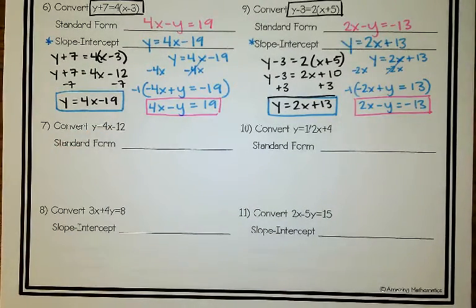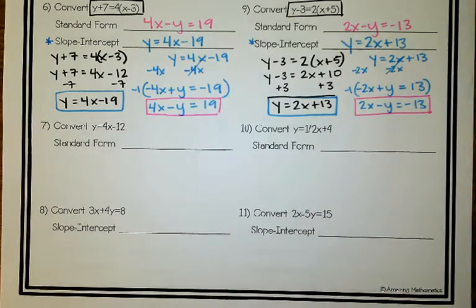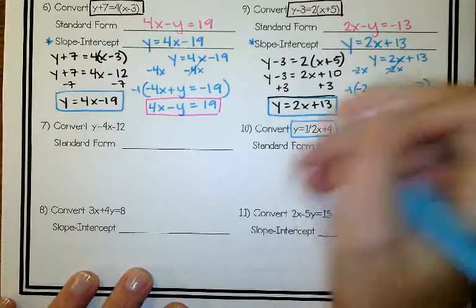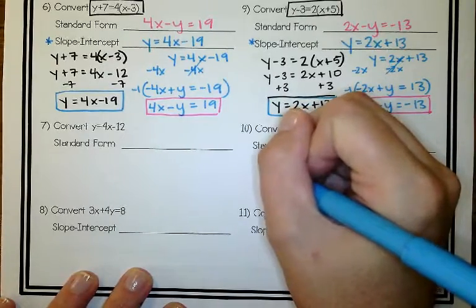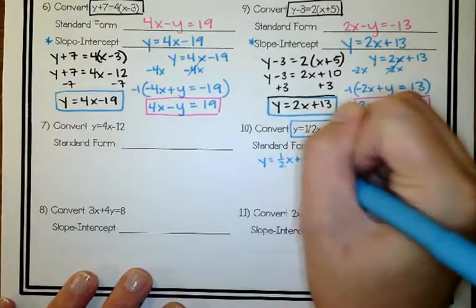We are going to convert from slope-intercept into standard. Okay? So just like we've been doing up here, but we just don't have the point slope little version, okay? So we are going to say, okay, my equation is y equals 1/2 x plus 4.